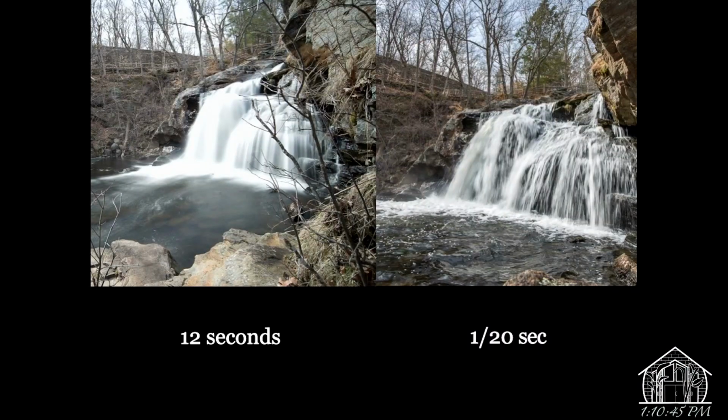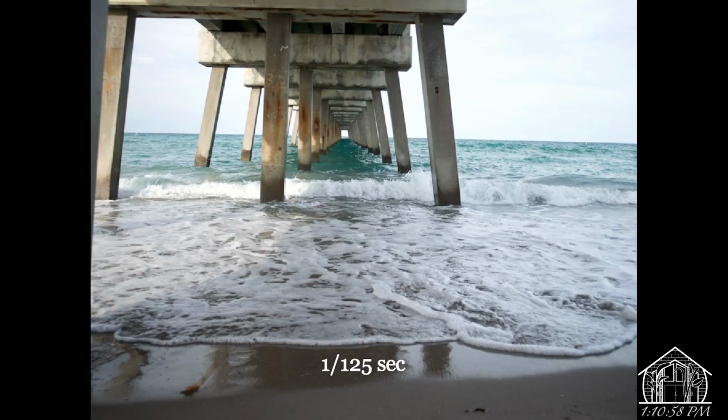But there's a really popular effect with a low shutter speed, especially with waterfalls, which is this picture right here. As you can see, the blurriness makes it like milky water. A lot of people like that kind of photography. I think it's pretty cool, but cada quien.